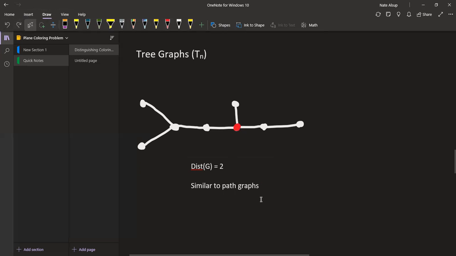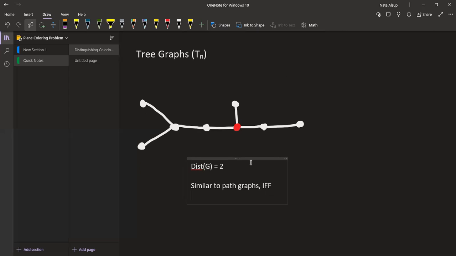Similar to path graphs, the distinguishing number is usually 2, and you would most likely only color the end vertices. But with tree graphs, if the center of the graph is a vertex, and if there's no non-trivial isomorphism, so let me type that.